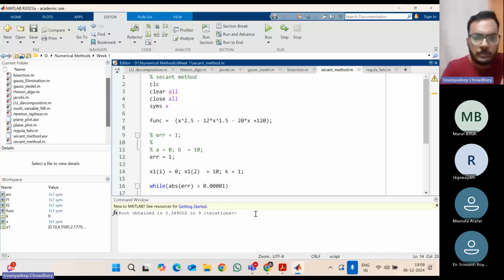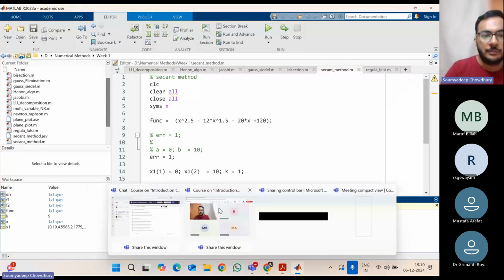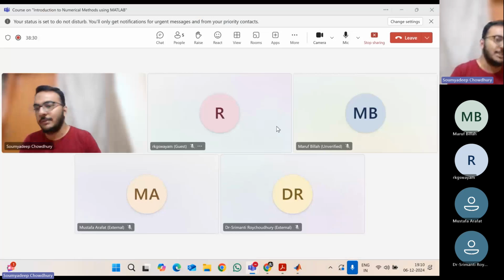So you can understand the order of fastness, which one is faster and towards convergence. Your method of false position is the fastest.